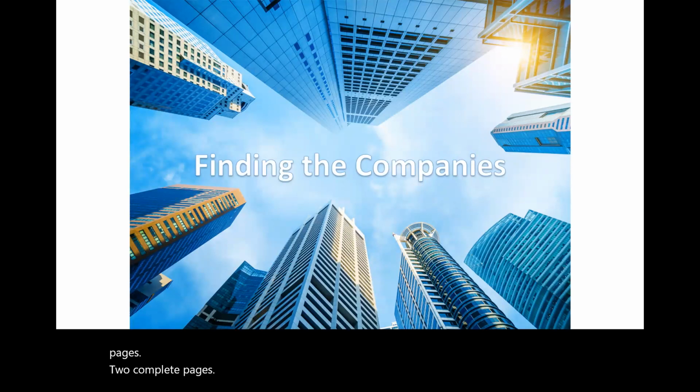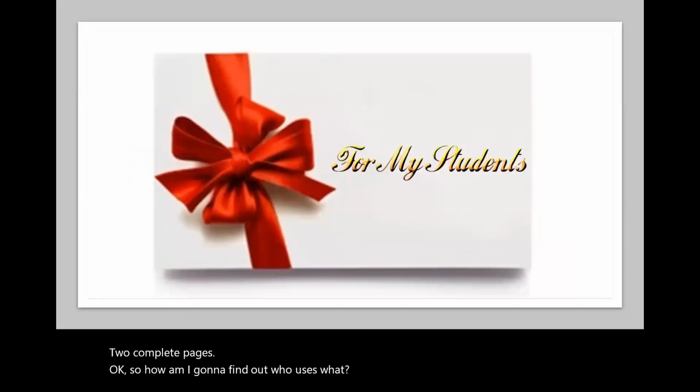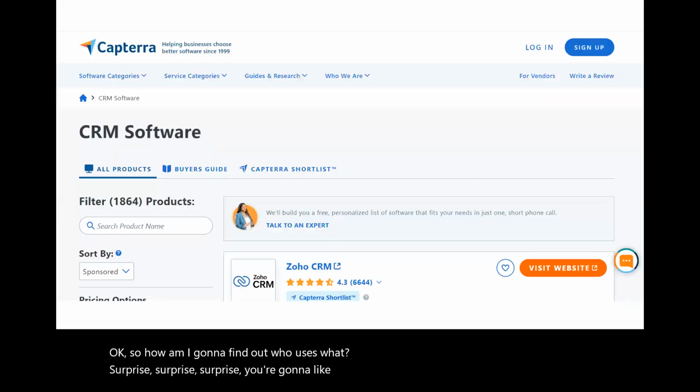Okay, so how am I going to find out who uses what? Surprise, surprise, surprise. You're going to like this. Capterra, perfect site. I'm providing a link to it, but it provides a wealth of information.